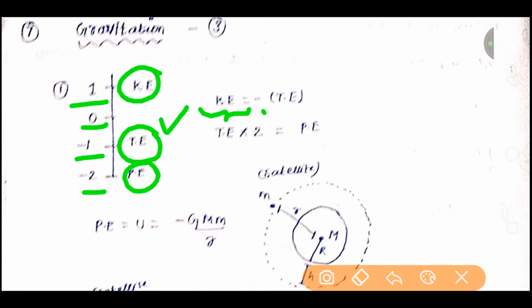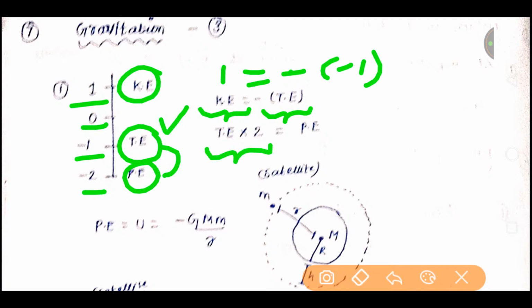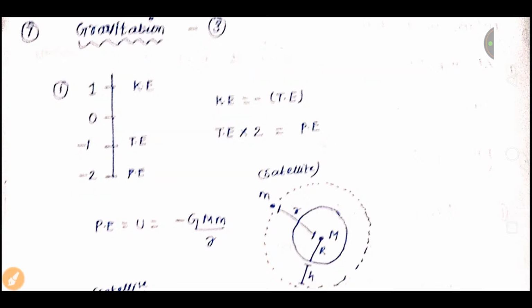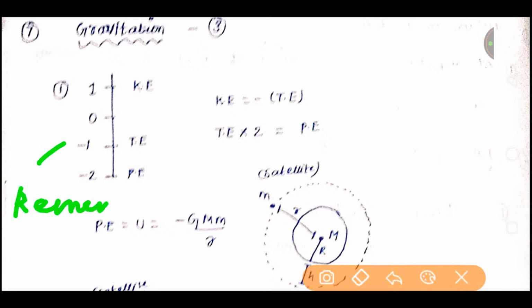Kinetic energy is equal to minus of total energy, because 1 is equal to minus of -1. Now what is the relation between potential and total energy? Total energy into 2, that is -1 into 2 is -2, right? So total energy into 2 is equal to potential energy. This scale is just for remembering. There is no concept behind it.